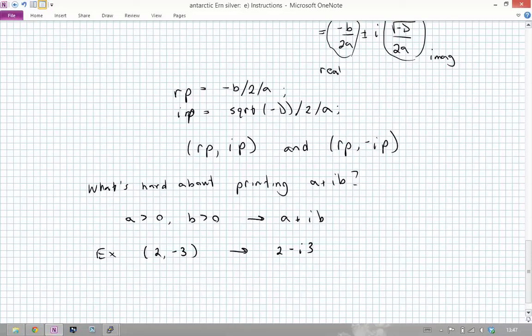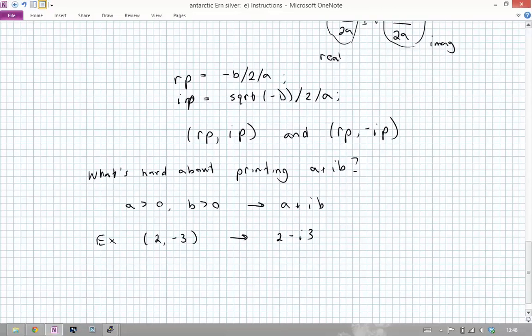What's hard about that from a programming perspective? Yeah, getting the i between the minus sign. This is how it should be written. This is how you would see it in a math book. So how would you get that output? You would have to look at the real part. If it's negative, you would have to insert this minus sign in the i and then print out the negative of the real part to get this thing to look proper.